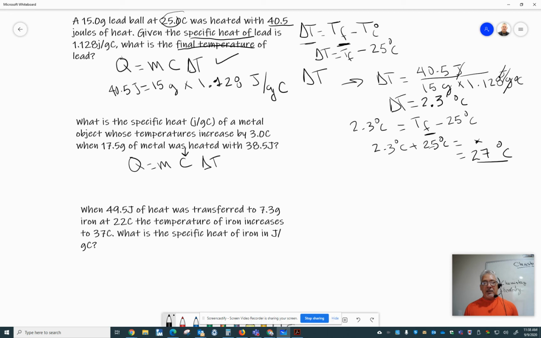The temperature increase is 3 Celsius, so that will be delta T because they go from one value to another. The mass will be 75.5 grams, and the heat was 38.5 joules.